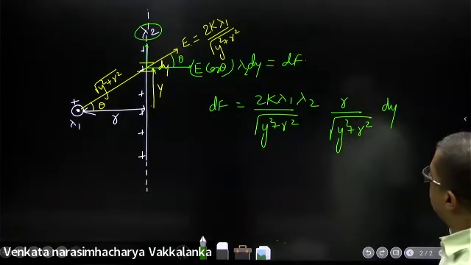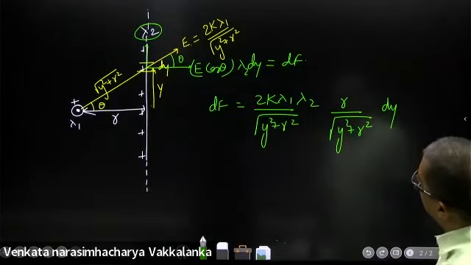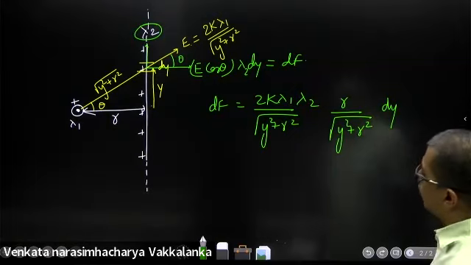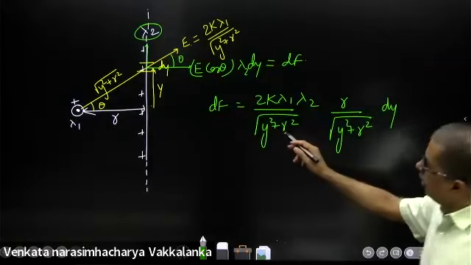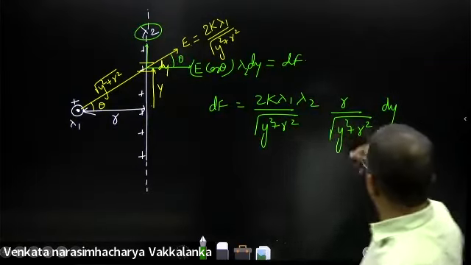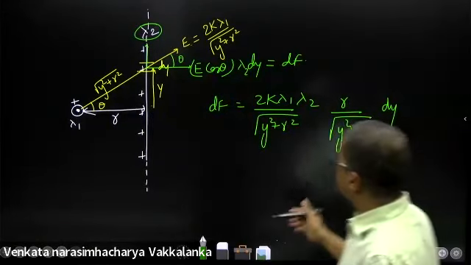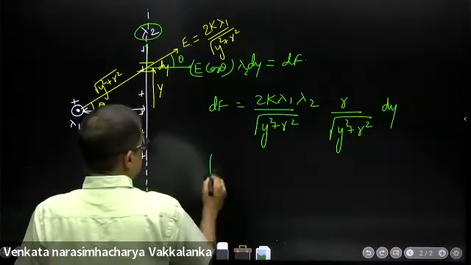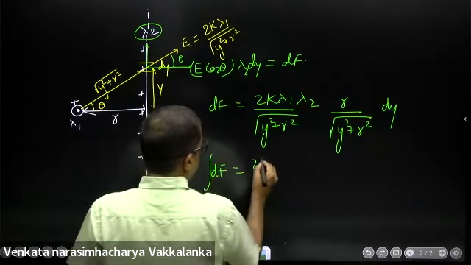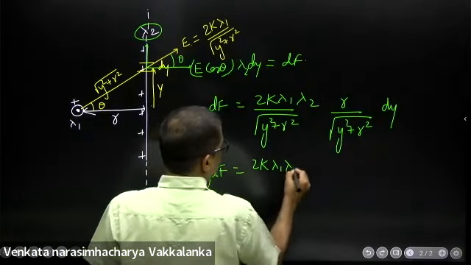I'm not concentrating. 2k lambda 1 by r, r is the distance, right? Cos theta is this. Integrate this, you get the answer. Integral dF is 2k lambda 1 lambda 2.